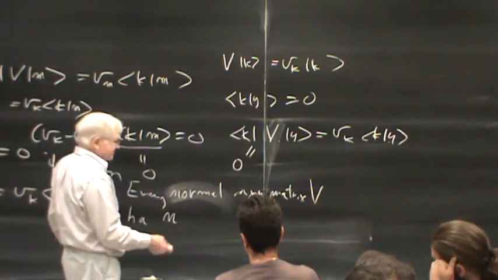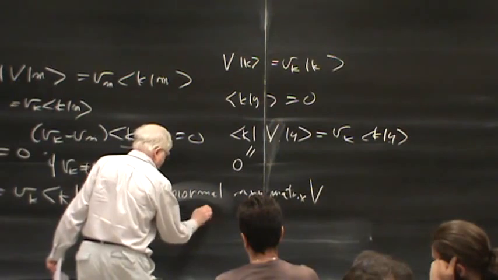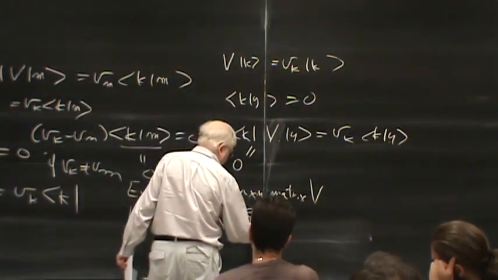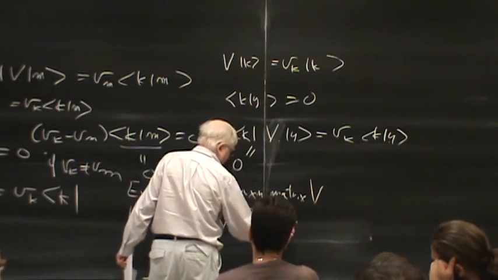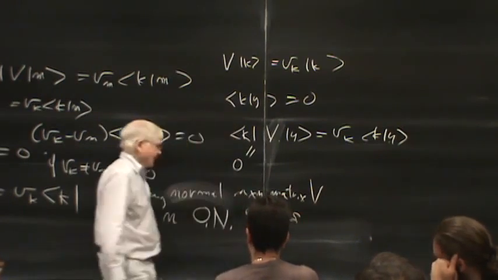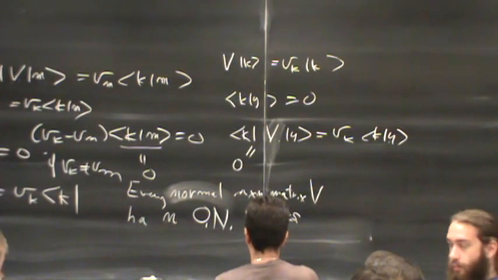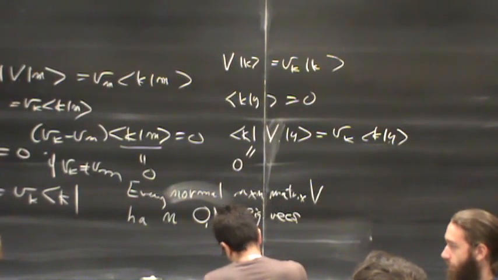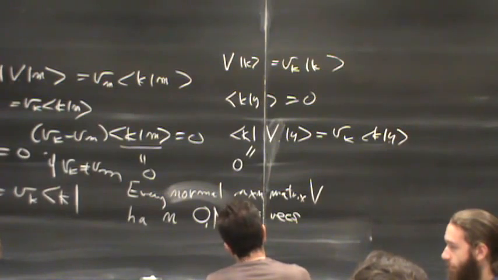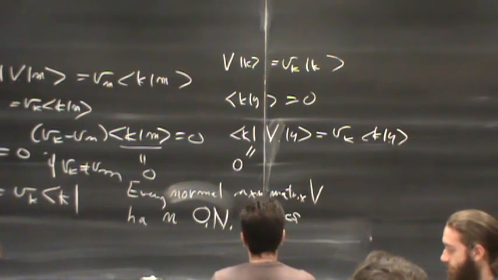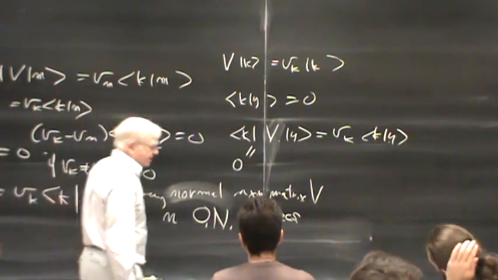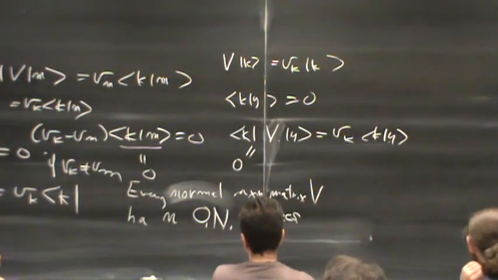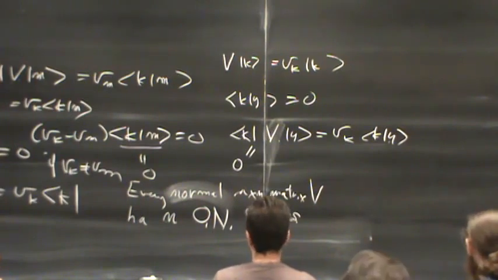N orthogonal eigenvectors, you can always normalize them. So n orthonormal eigenvectors. Okay. So, in other words, the intuition from over here is totally valid. Hermitian matrices are a special kind of normal matrix. They're the normal matrices with real eigenvalues.